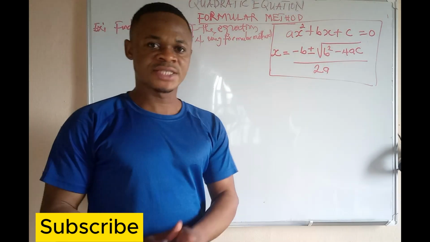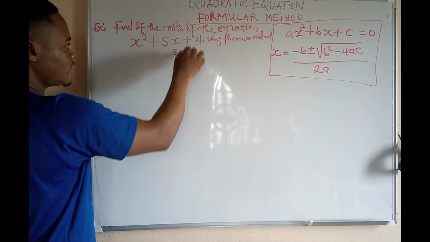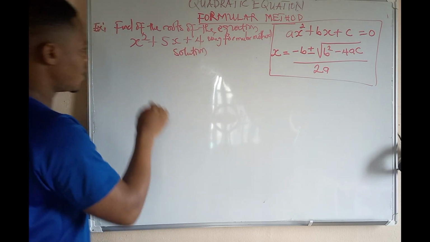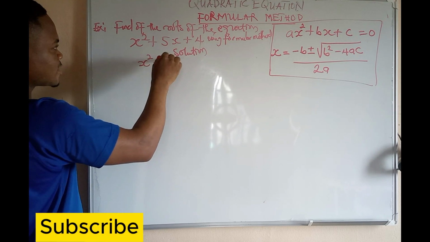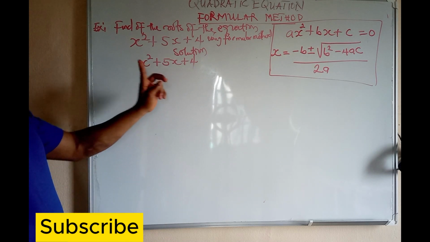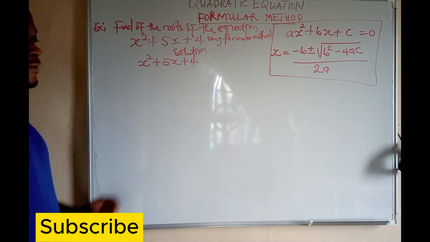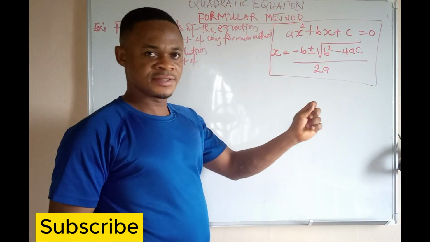Solution: we have x squared plus 5x plus 4, so we need to find the values of a, b, and c.